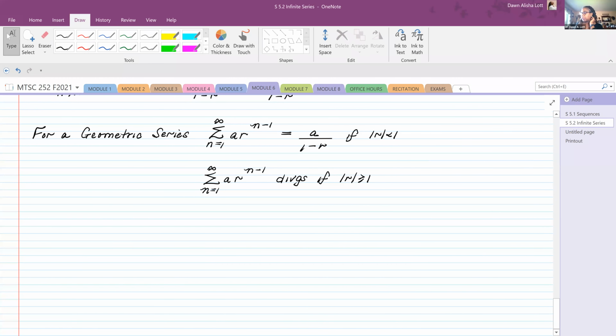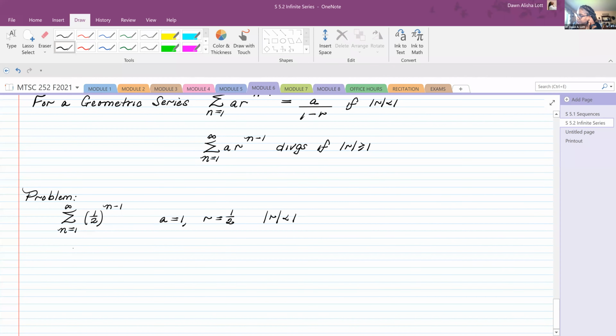So here's your first geometric series. So we have the sum n equals 1 to infinity of 1/2 to the n minus 1. Okay, a is 1 and r is 1/2. So the absolute value of r is less than 1. So I know this series is going to converge.